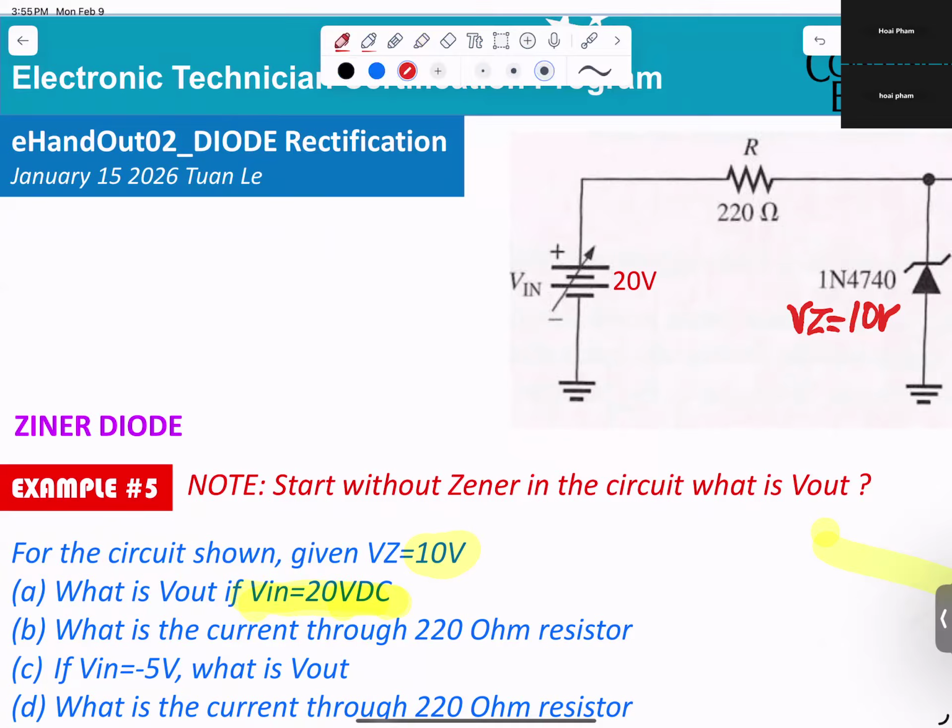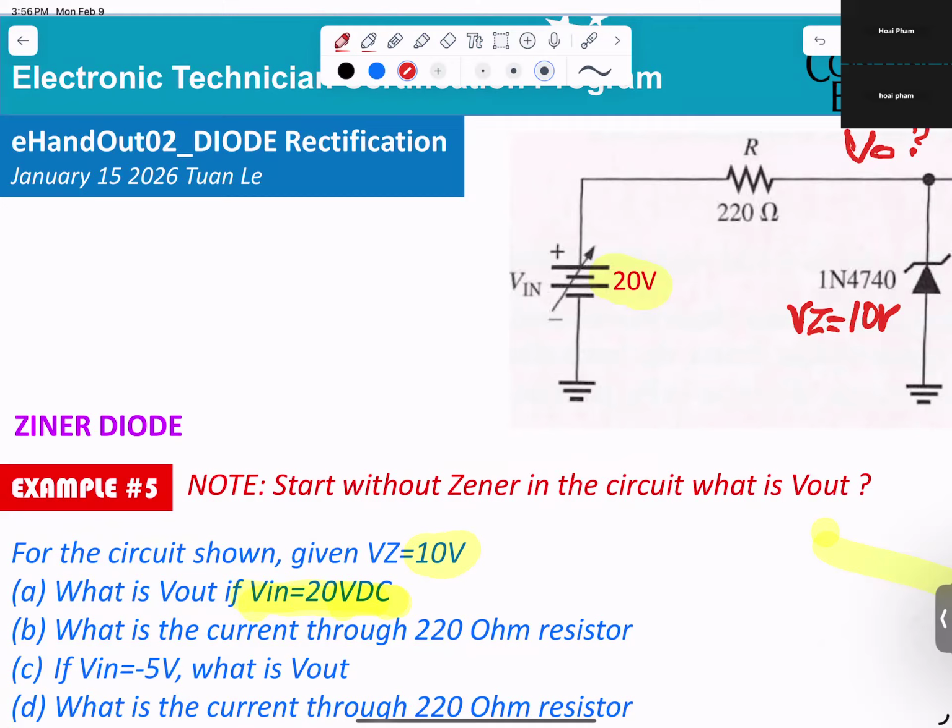Now you get 20 volt. The question is, they want to know what we get out here. It's 10 volts. 10 volt, correct.